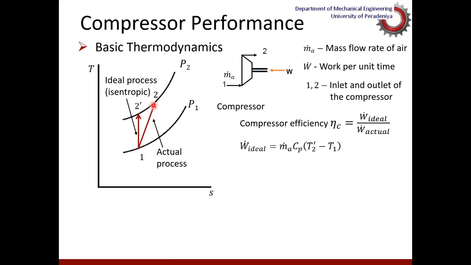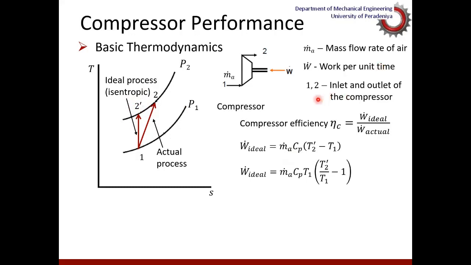Now, considering this phenomenon, if you write down a small equation for ideal work per unit time, we know that the work per unit time is the rate of change of enthalpy. Then this ideal work would be m_a dot into Cp into the difference of the temperature from the initial state to the ideal process, in this case 2 prime.